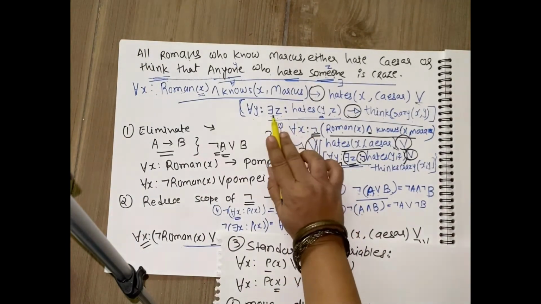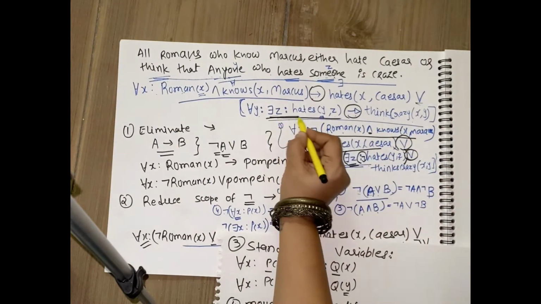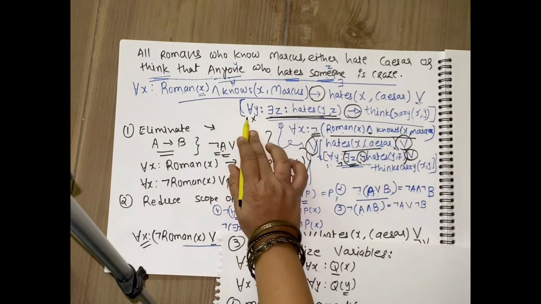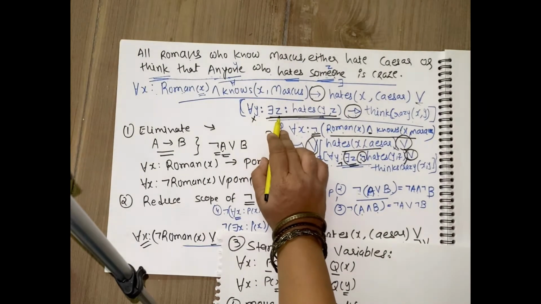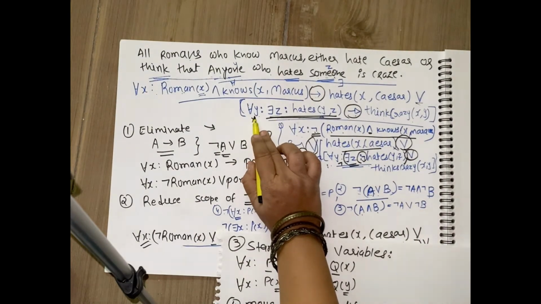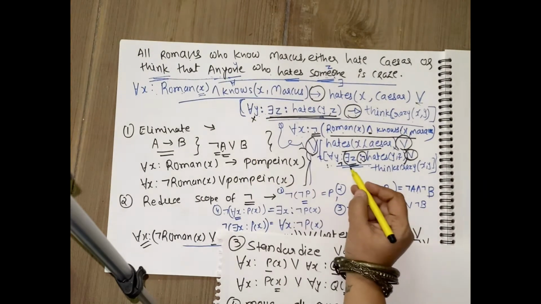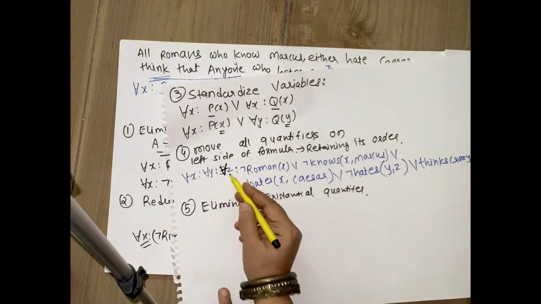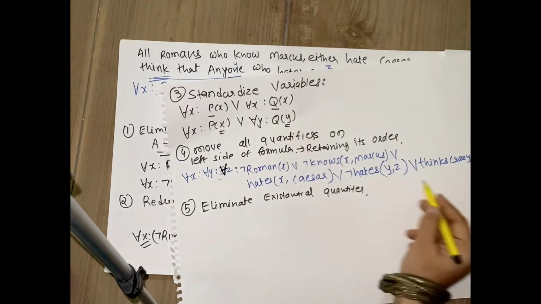Whenever you eliminate this implication, negation will be applied to this term, not to the y variable. Why? Because the y variable talks about all persons hating, and the specific z they hate, so negation is applied to the specific person, not all persons. So if you apply negation on there exists z, it becomes for all z. Ultimately we take them back to the left hand side, and hence we get this.